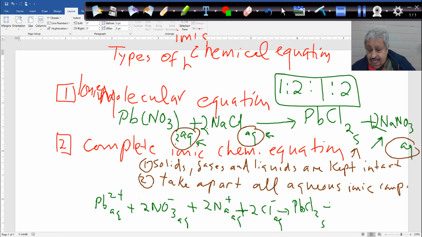Plus 2 sodium aqueous plus 2 nitrate aqueous. This is called the complete ionic chemical equation.